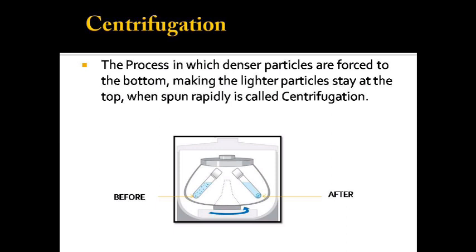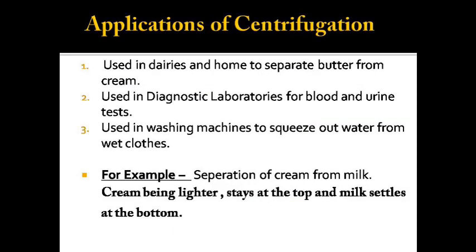Generally before spinning, the solute and solvent particles are uniformly distributed in the mixture. When we are spinning, the lighter particles from the mixture collect at the top and the heavier particles collect at the bottom. So in this method we can easily separate the components from the mixture.